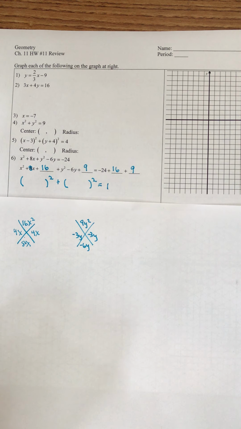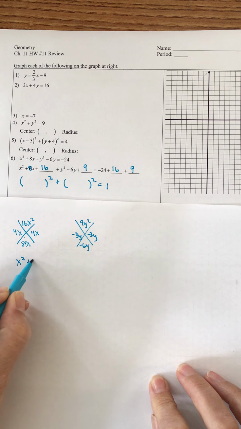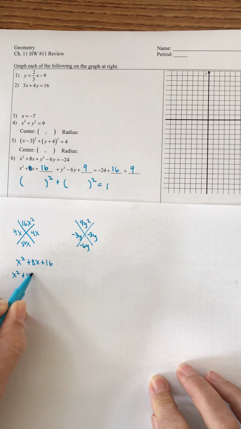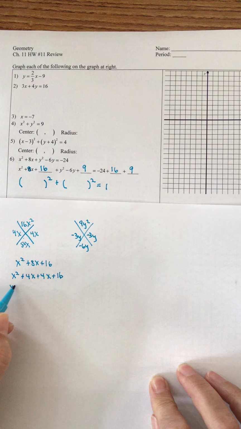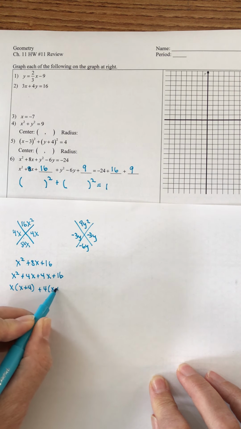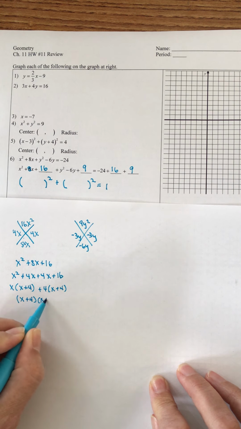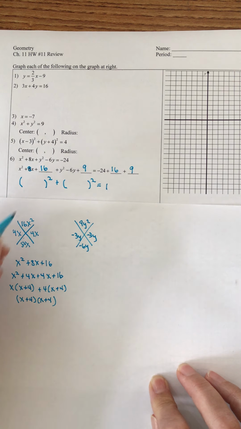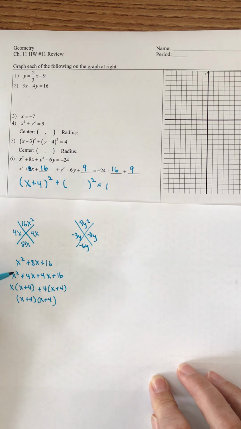And to get x squared plus 8x plus 16 to factor, I would use the pieces in this diamond and do the greatest common factor, and you will find that you get x plus 4 and x plus 4, and so this is x plus 4 squared.